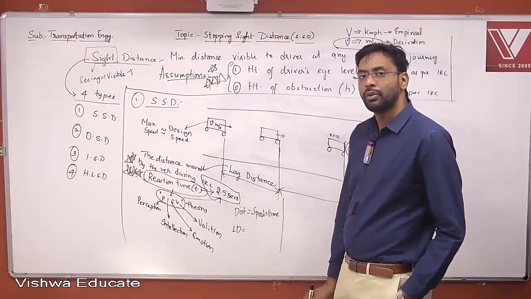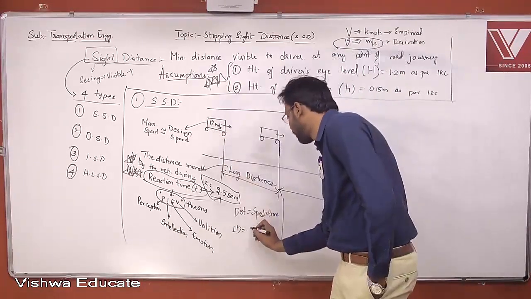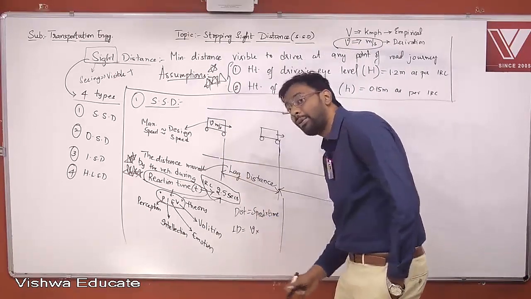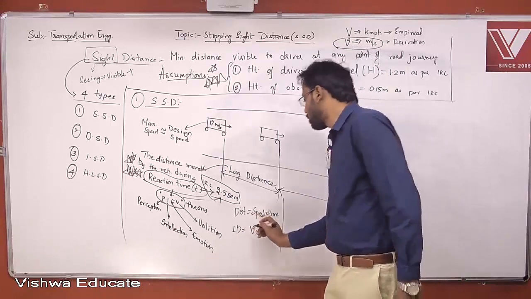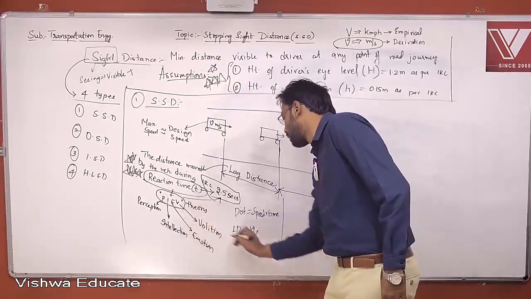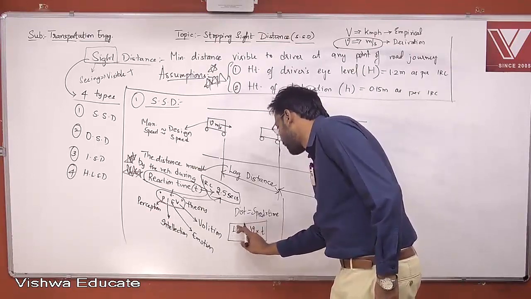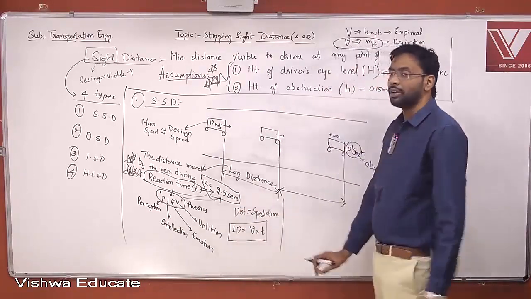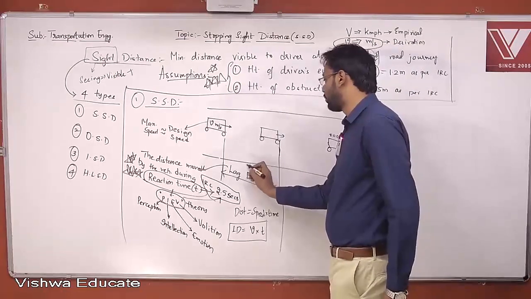What is the speed of the vehicle? That is design speed. That is v meter per second. And how much time has it traveled? Whatever is the reaction time. So reaction time is indicated with small t. So lag distance is equal to design speed into t, right? So that's the first part of this example.